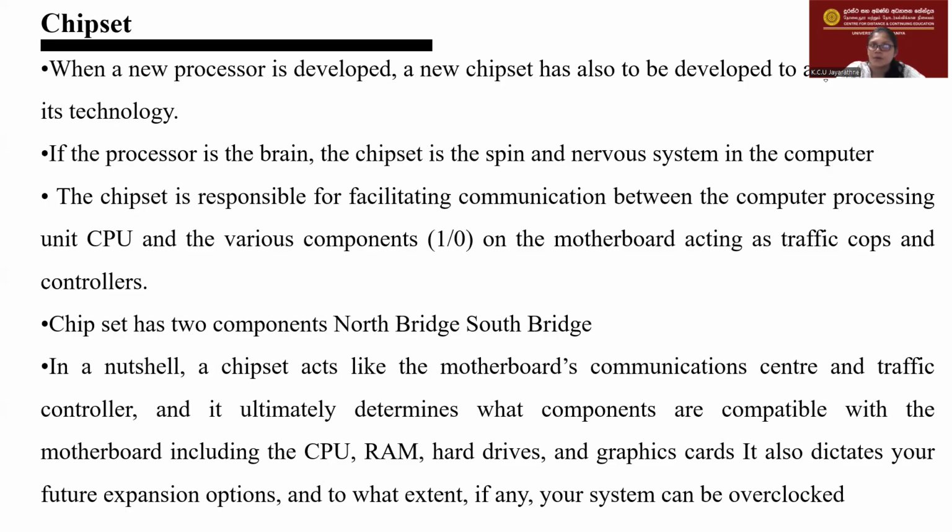If the processor is the brain, the chipset is the spine and nervous system in the computer. The chipset is responsible for facilitating communication between the central processing unit, CPU, and the various components on the motherboard, acting as a traffic cop and controller.